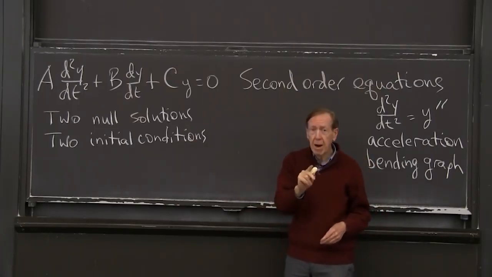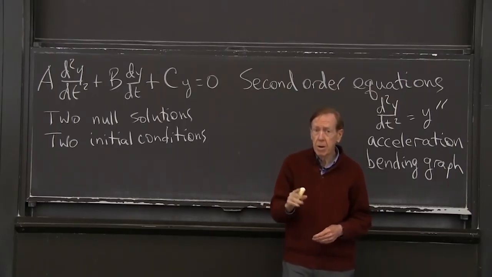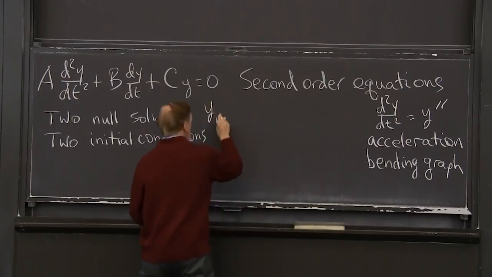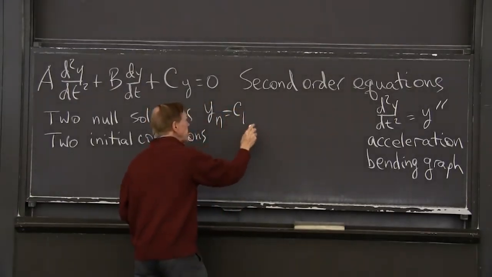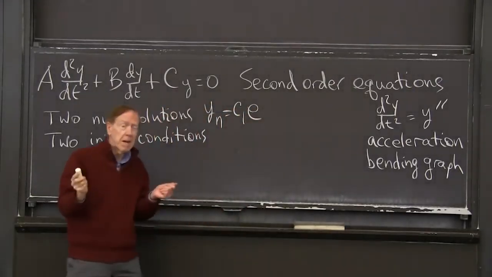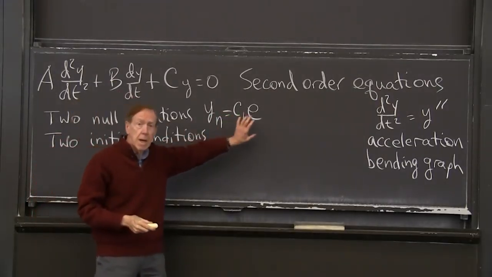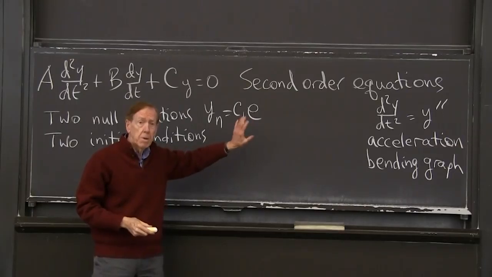And the point is now, what's new is that there are two null solutions. So y null will be a combination of e, and they're both exponentials. Having constant coefficients means exponentials in the solution.